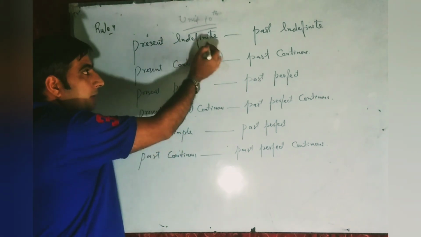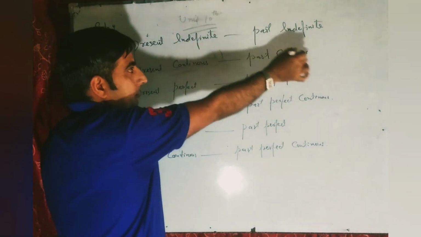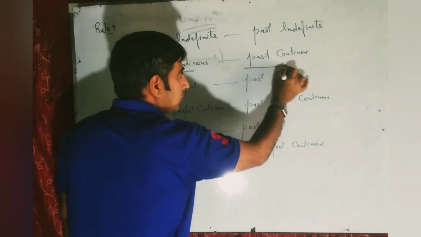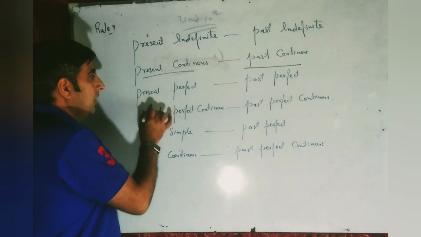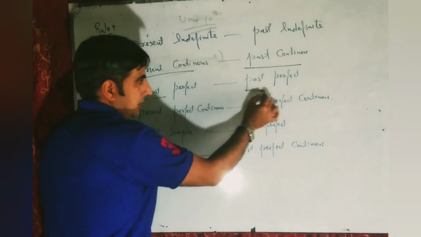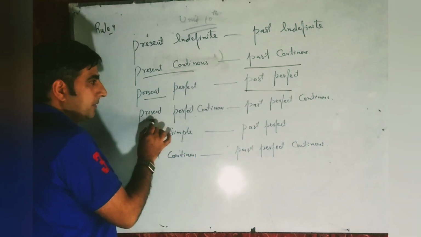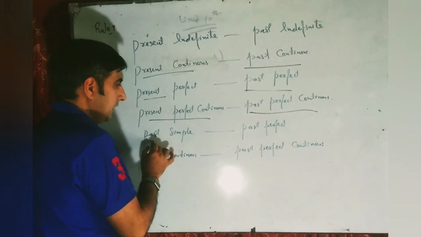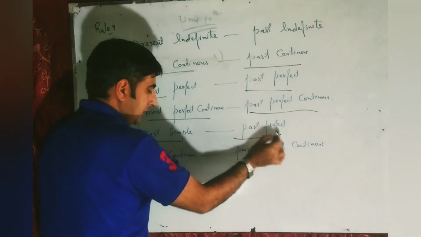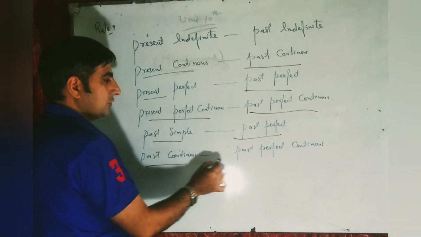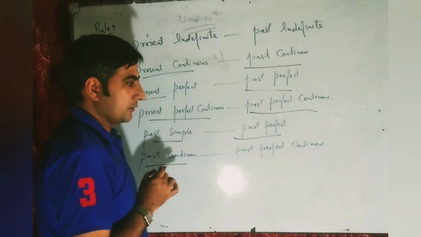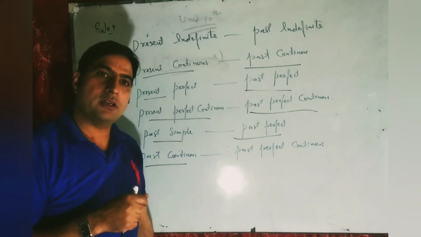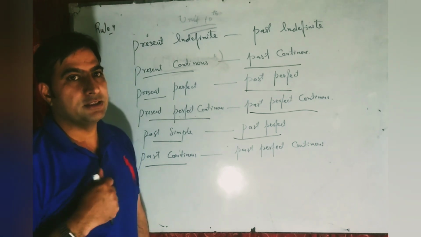Past simple changes to past perfect. Past continuous changes to past perfect continuous. Past perfect remains unchanged. Past perfect continuous also remains unchanged.